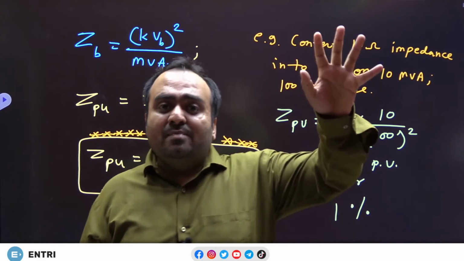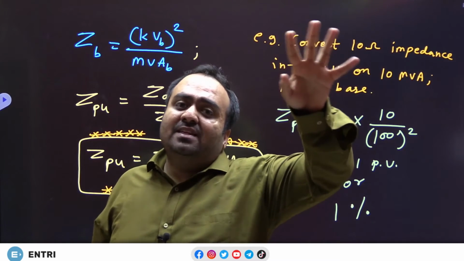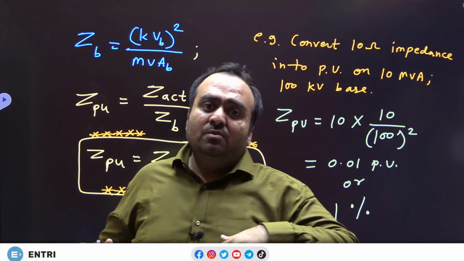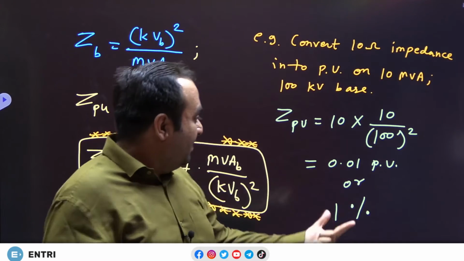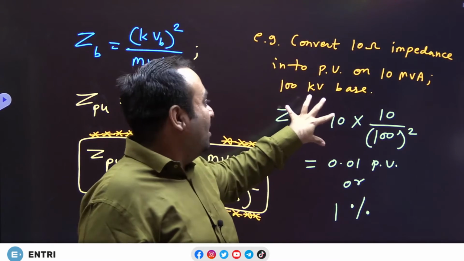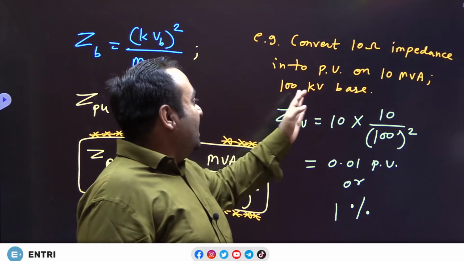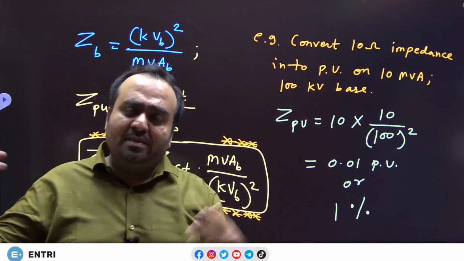There is already a base given for the machine and there is a common base that you choose. What is given is the old value, what you choose is the new value. So a per unit value has to be taken from this base, which we call the old base, to a new base. Say the new base is 50 MVA, 50 kV, whatever, something like that.